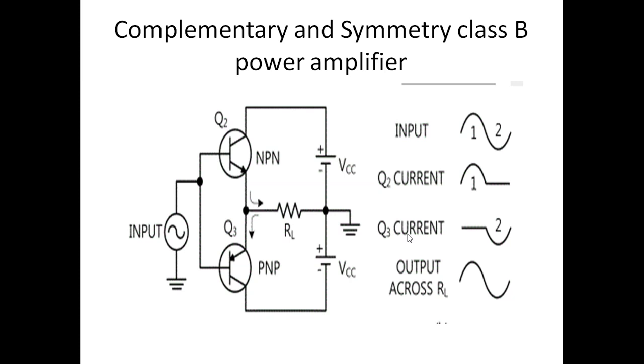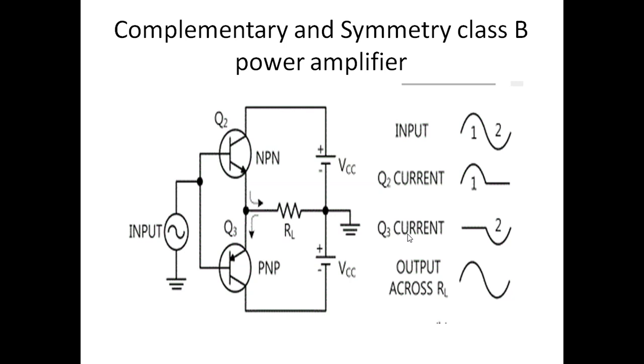In class B power amplifier, we discussed the basic type, that is the push pull or transformer coupled push pull class B power amplifier, in which we used two transistors simultaneously.